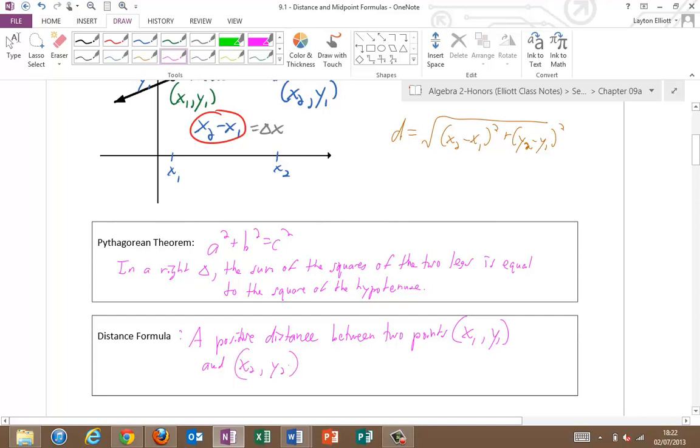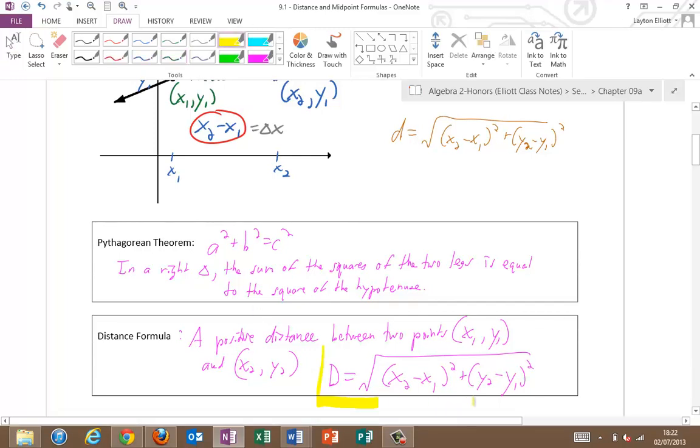These are just 2 ordered pairs. And you get a distance. You get a single positive number. The distance equals the square root of x2 minus x1 squared plus y2 minus y1 squared.